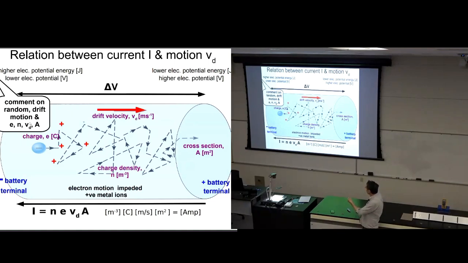That means this is a lower electrical potential here on the left, higher electrical potential here on the right. So that's one change I made. The other change I made was to actually take one electron, here it is, and just picture in detail its path from the left to the right.